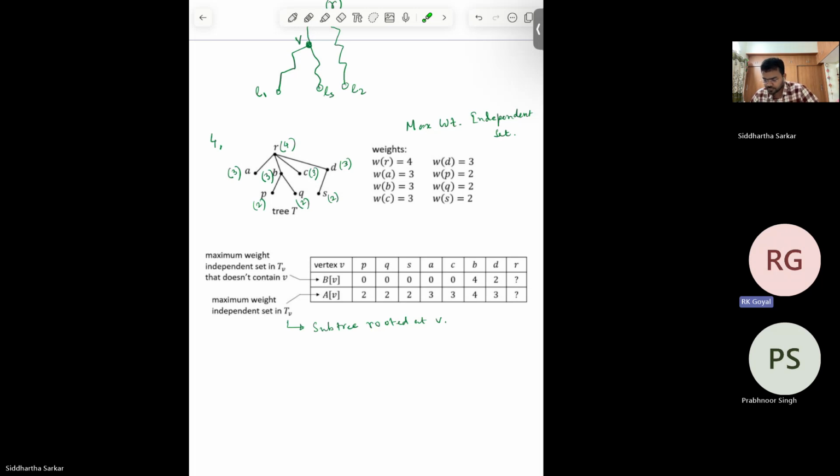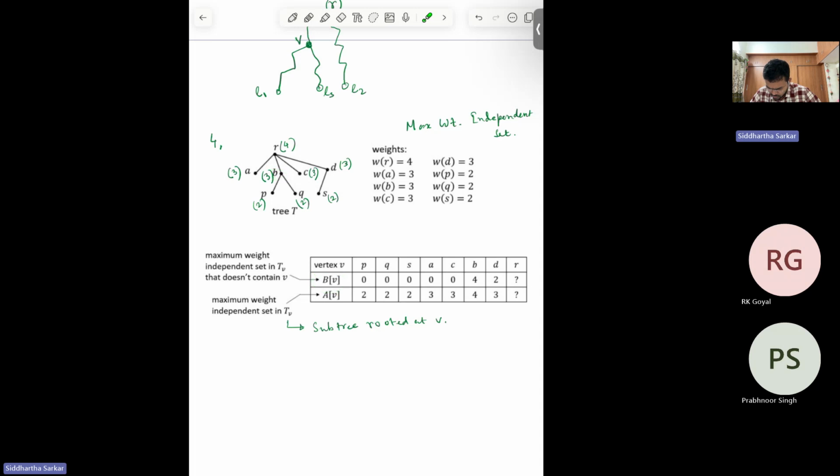Can you illustrate the meaning of B of V corresponding to the small v, where the value is 4 in the first row? Why does it become 4? Consider the vertex B and the subtree rooted at B. Now you're not allowed to take B, as per the definition that you don't take the vertex at which you are computing the value.